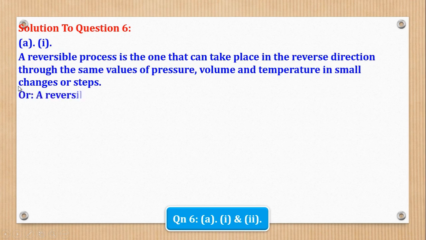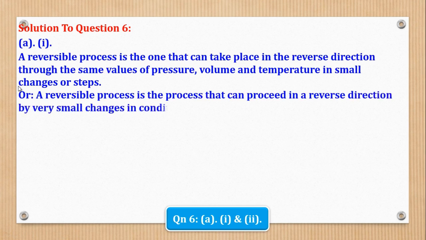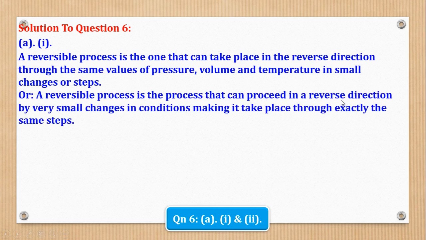You can also explain it in this way: a reversible process is the process that can proceed in a reversible direction by very small changes in conditions, making it take place through exactly the same steps.